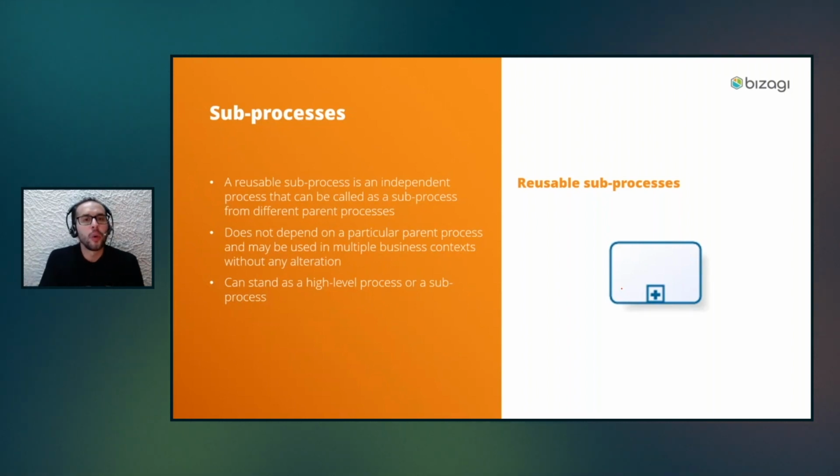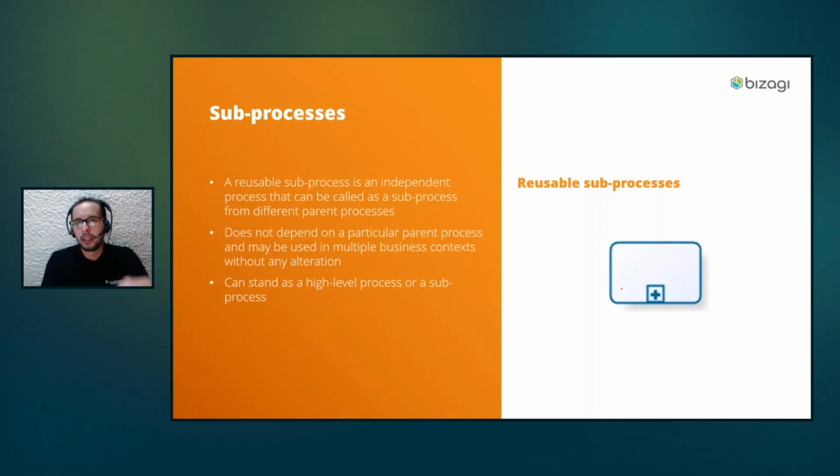It's common, for example, to have a lot of approval cycles, right? I create a request, and that request must be approved by my supervisor, then by the manager, and then the director.